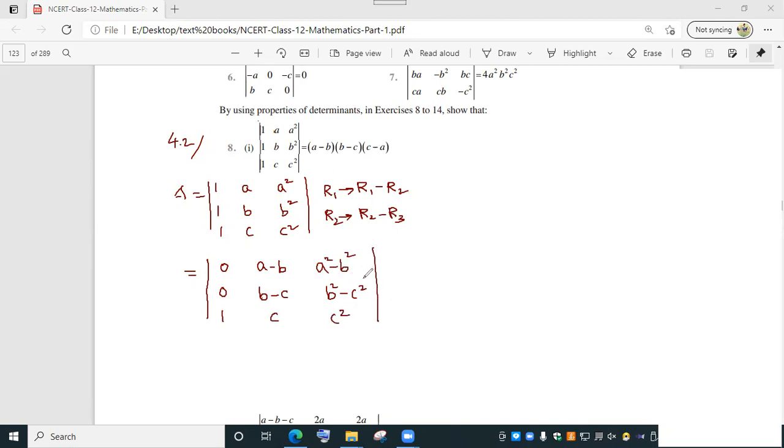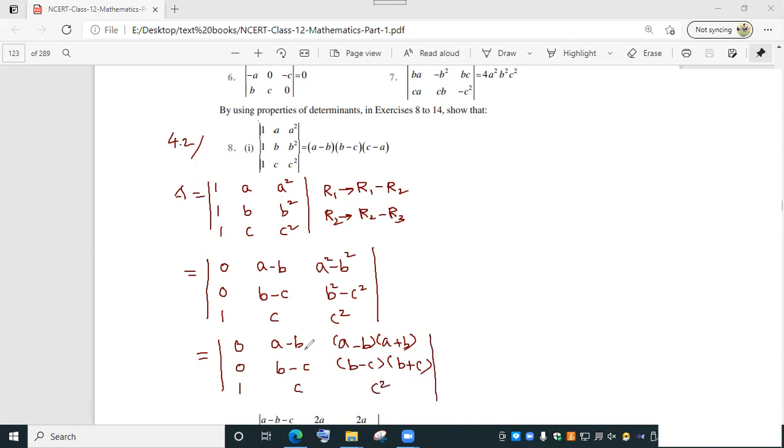Now a square minus b square we can write as a minus b into a plus b. And here also 0, b minus c, and b square minus c square we can write as b minus c and b plus c, and third row as it is, 1 c c square.